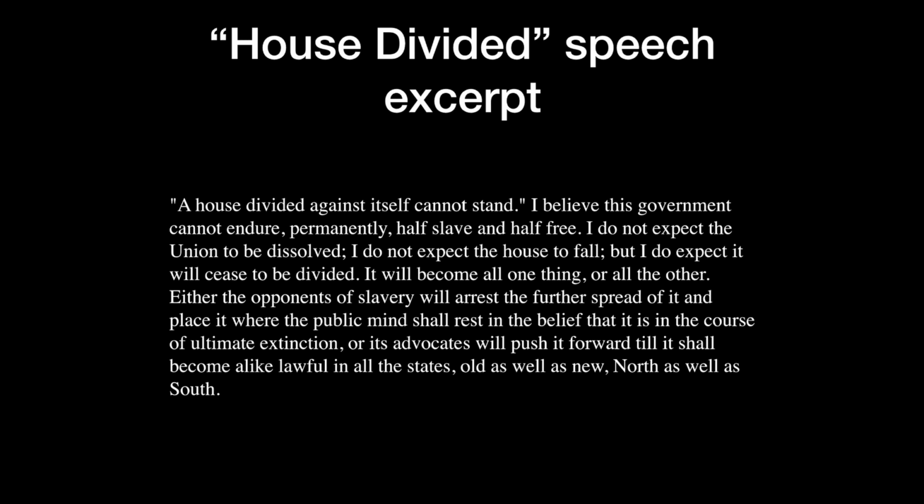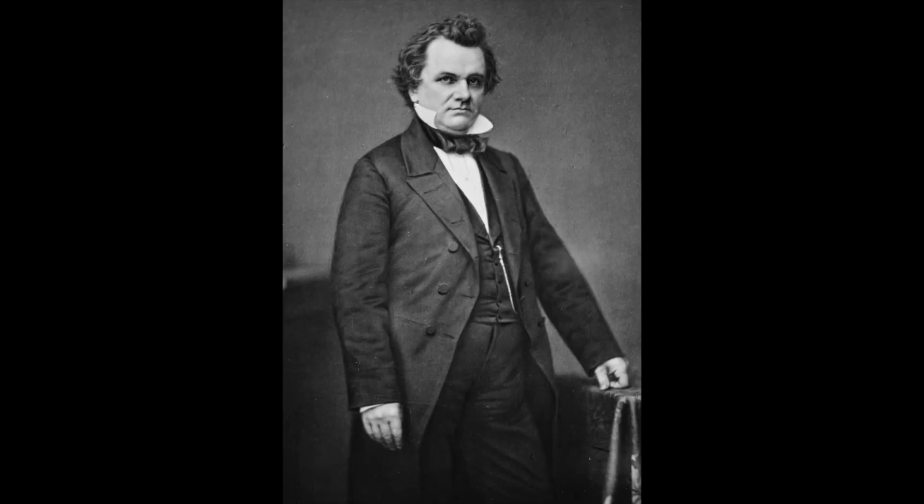But I do expect it will cease to be divided. It will become all one thing or all the other. Either the opponents of slavery will arrest the further spread of it and put it in the course of ultimate extinction, or its advocates will push it forward till it shall become alike lawful in all states, old as well as new."